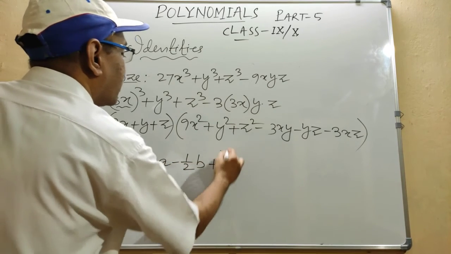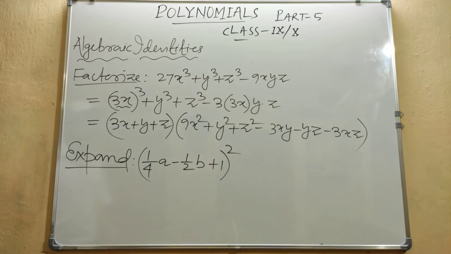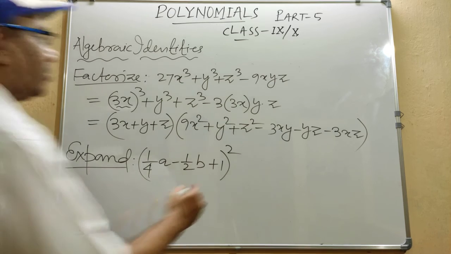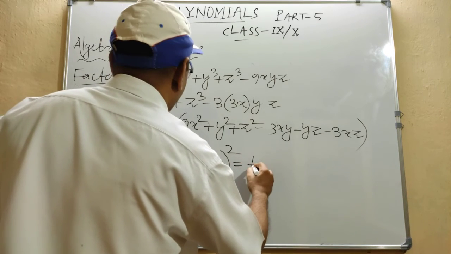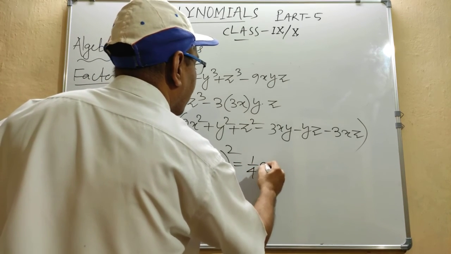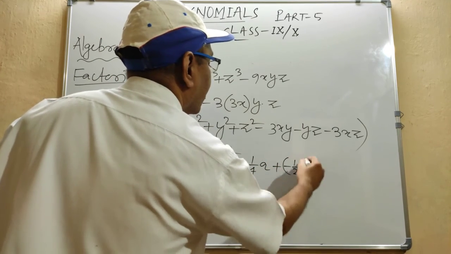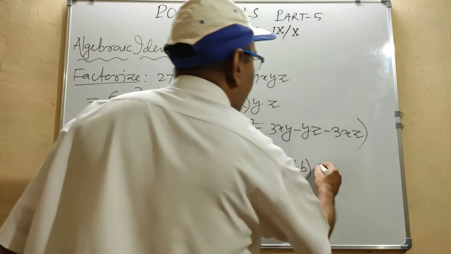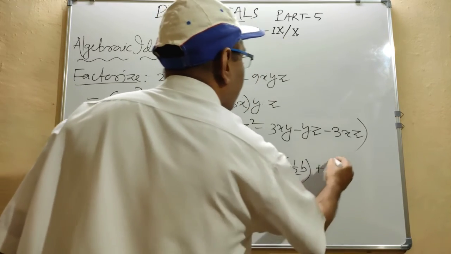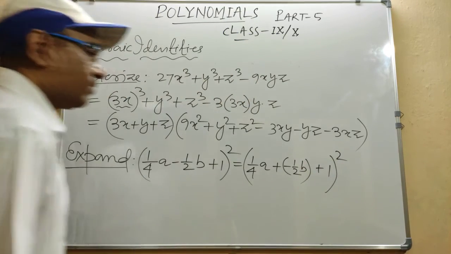This type of question are also there. Expand करना है इसको. So obviously it is of the type a plus b plus c whole square. You can write it 1 by 4a, this is of the type a. This can be written like this, it is b.